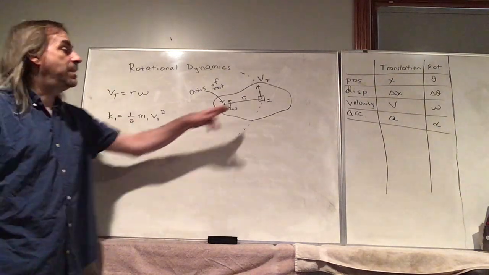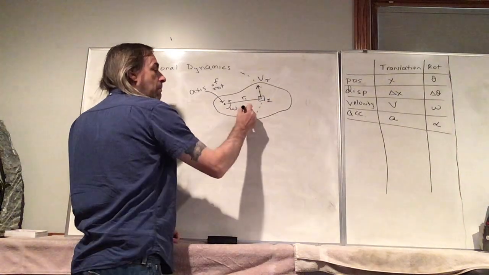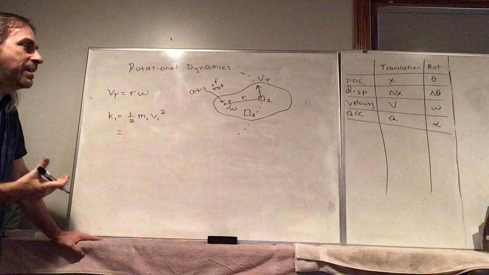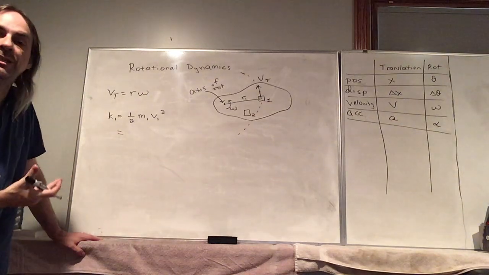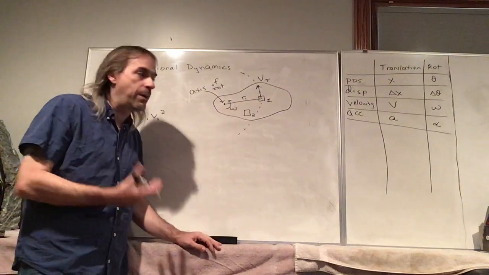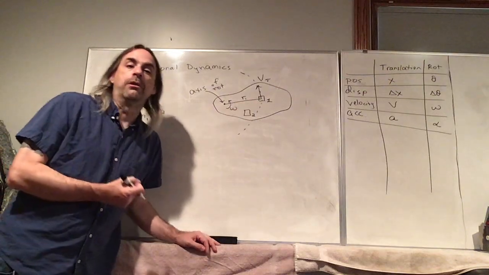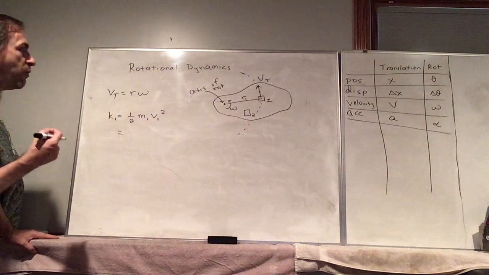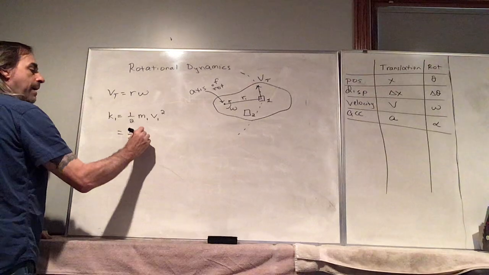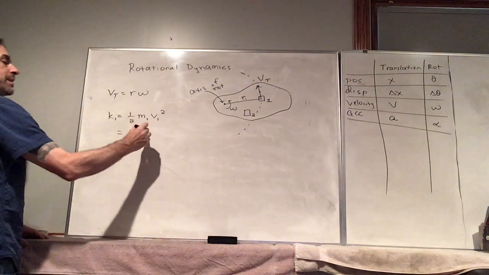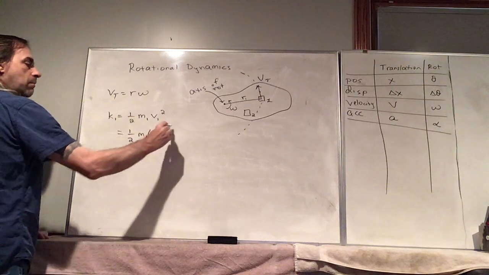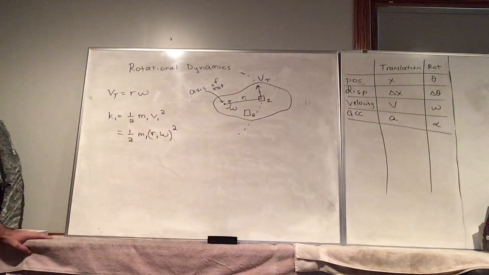But every piece, if we look at two different pieces, let's call this piece 2, in a certain amount of time, this object will complete one cycle, and each piece will have gone through 360 degrees in the same time period. And so they have the same angular velocity. So we can simplify this. We can say 1/2 m1, and then the velocity is r1 omega.